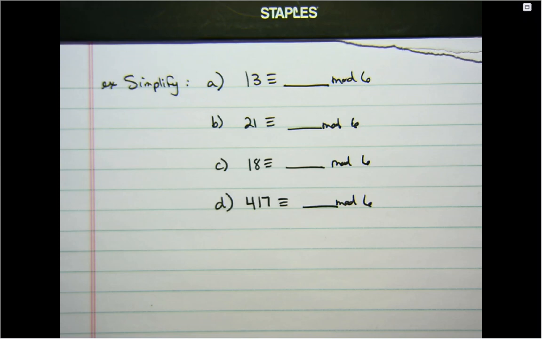So 21. So that's a half of a one, it's not like that. So the three is what you're interested in. So take 3 times 6. Subtract that.